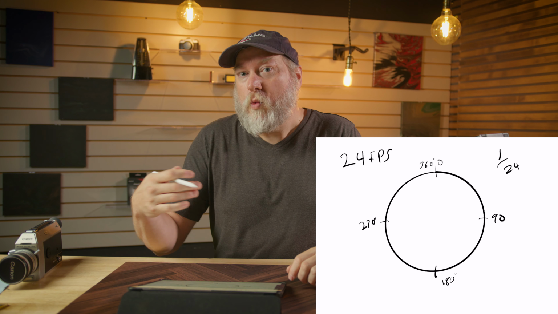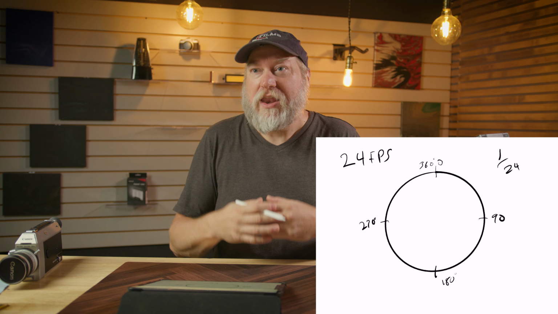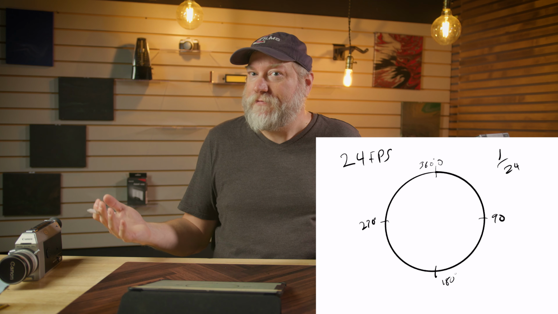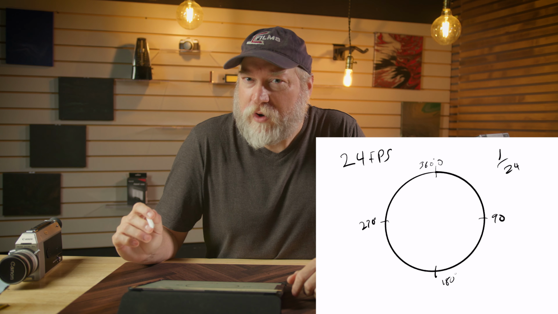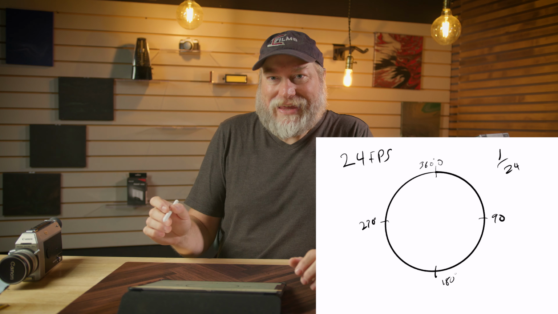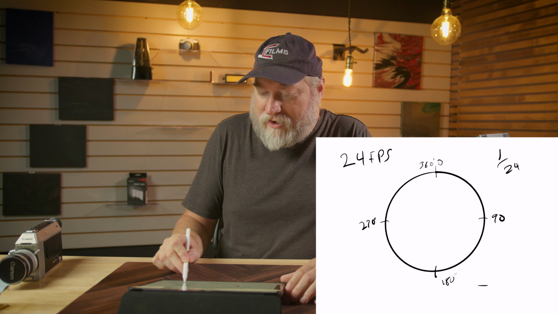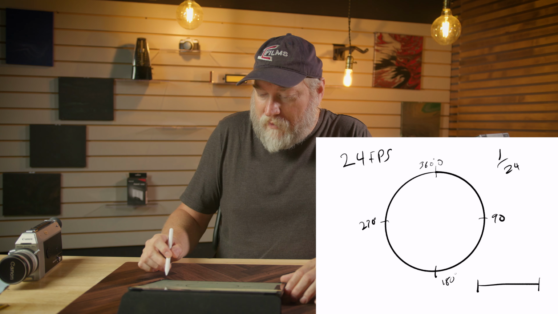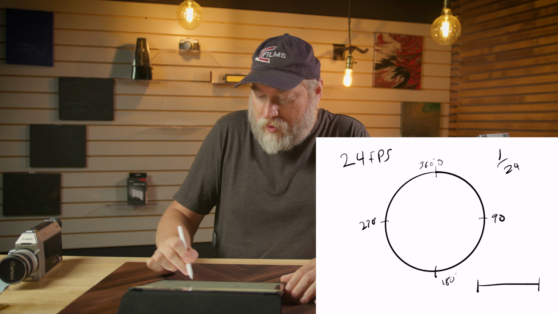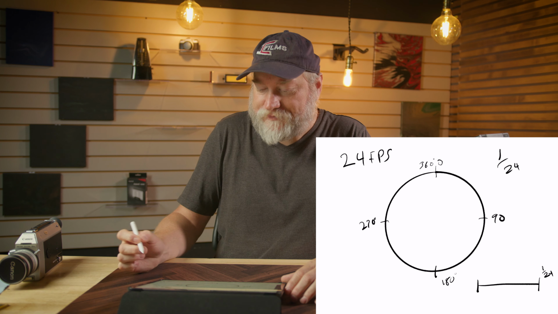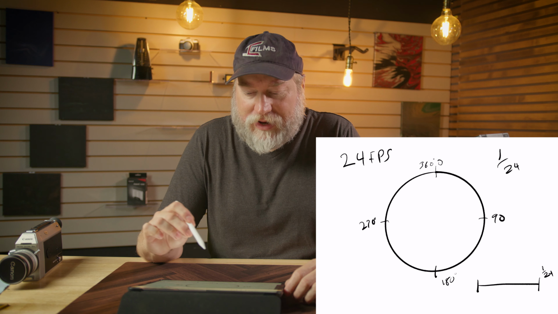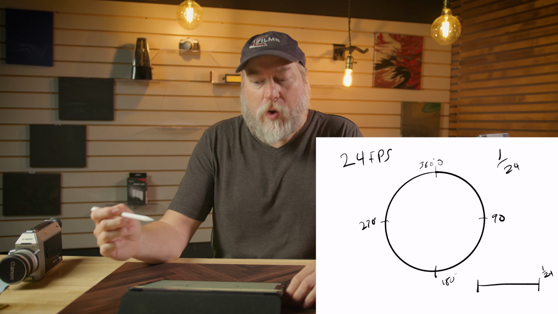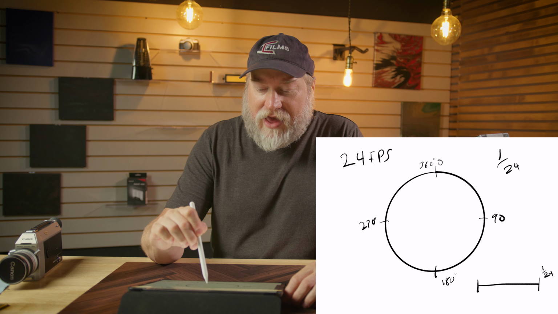So you do 1/24th times 24, you get 1 full second of footage, which has 24 pictures. So 1/24th of a second is the timeline that we will be talking about here. And this is 1/24th.